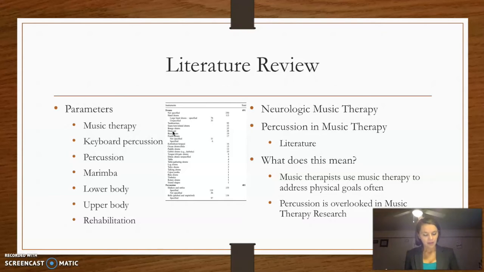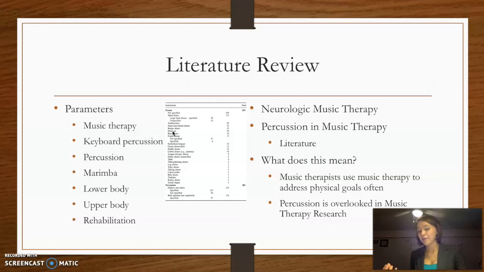Their study found that the use of these techniques has statistically significant differences in clients' perception of fatigue and endurance.